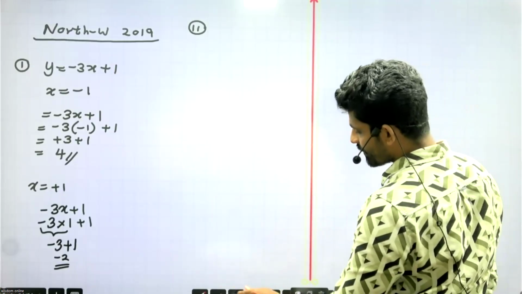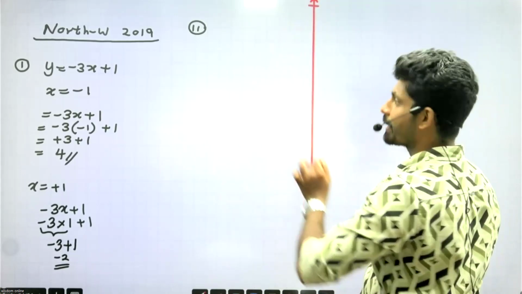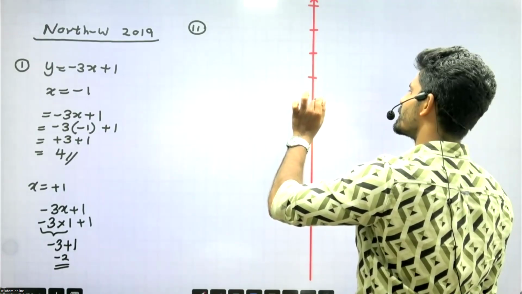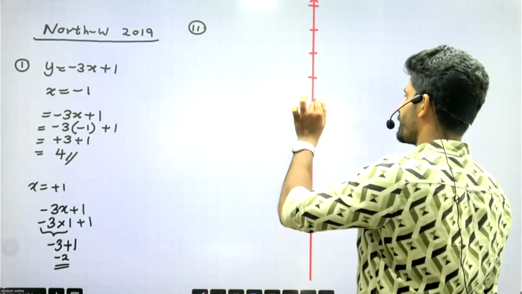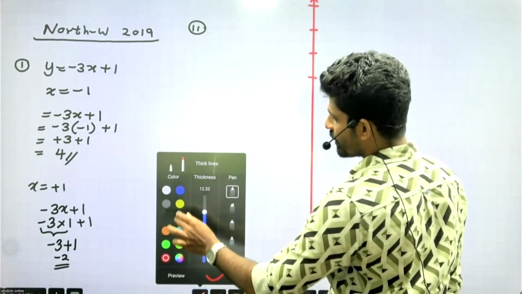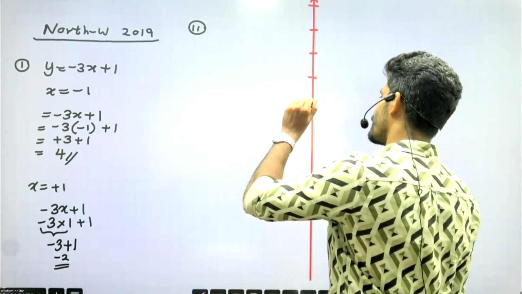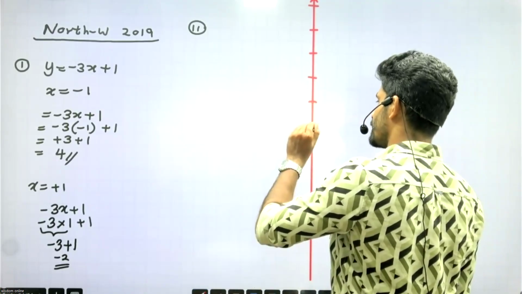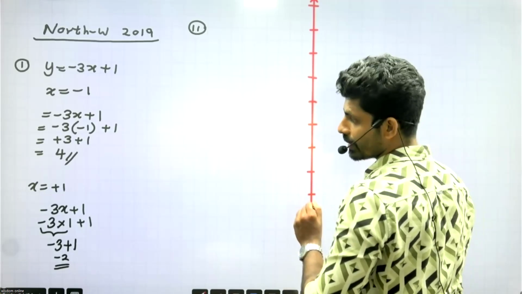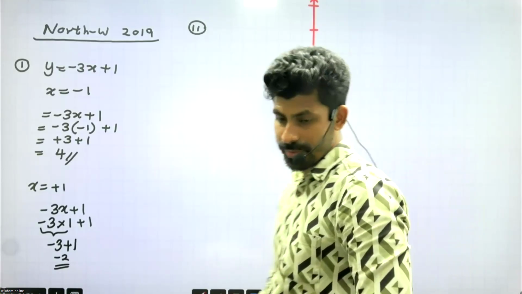Right, okay. Then 7, 6, 5, 4, 3, 2, 1, 0, negative 1, negative 2, negative 3, negative 4, negative 5.